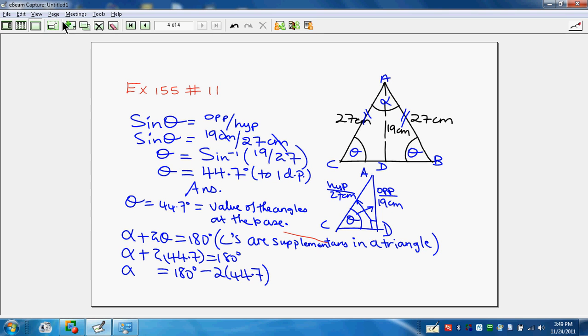Okay? Minus on both sides. So we'll get the answer for alpha by doing that calculation. So when you evaluate that, you should get 90.6 degrees, and that is again correct to 1 decimal place. So you always put down what your accuracy is to 1 decimal place.